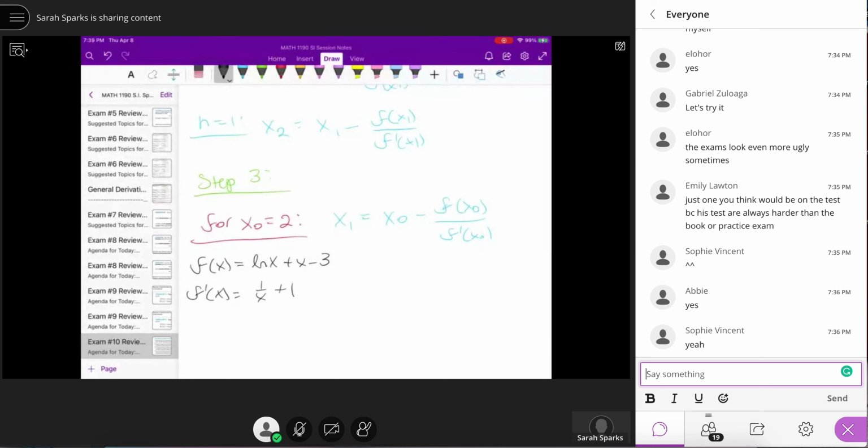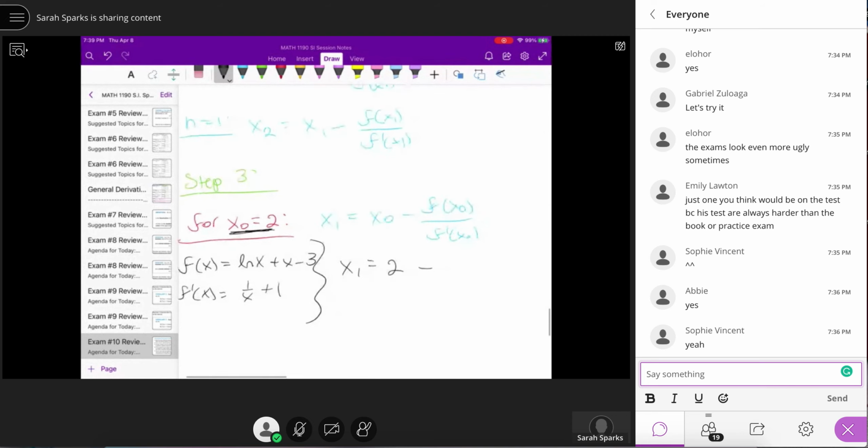So using those, we see that x1 is going to be equal to 2, because that's what our x naught is, minus, and then for our f of x naught, we're going to have natural log of 2 plus 2 minus 3 over 1/2 plus 1. So we're going to get x1 is equal to 2 minus natural log of 2 minus 1 over 3/2.